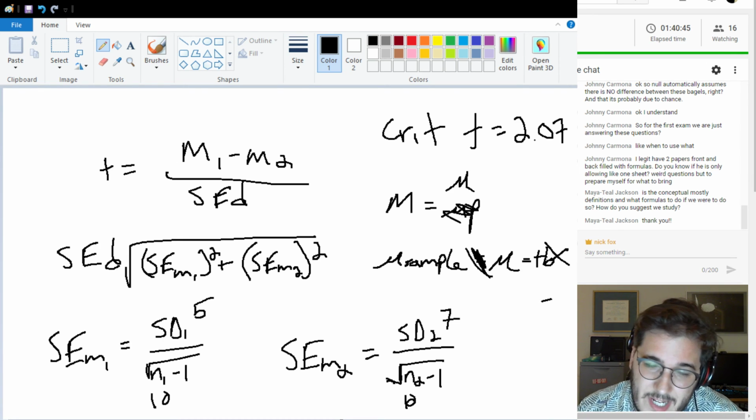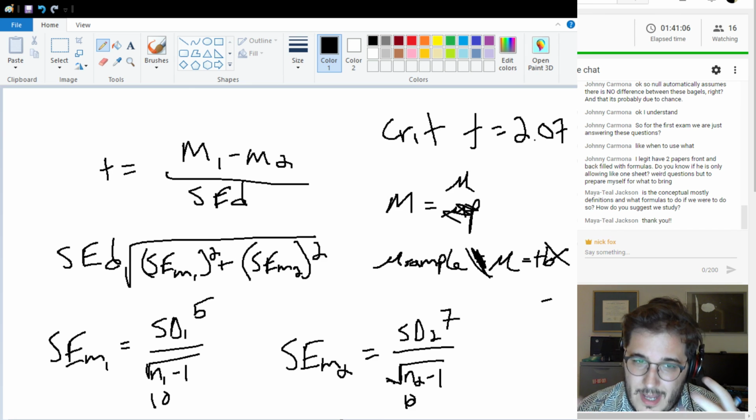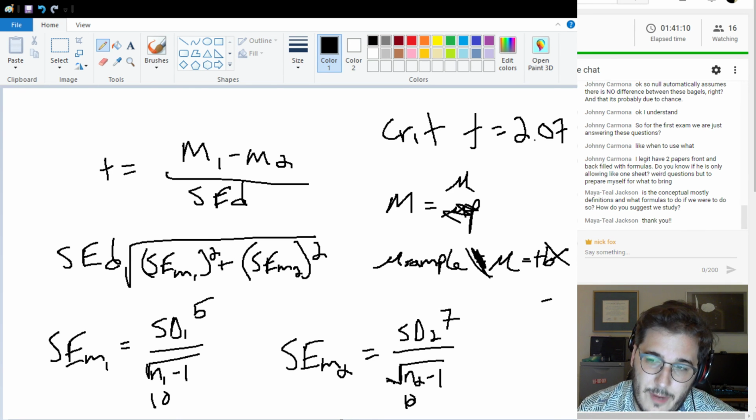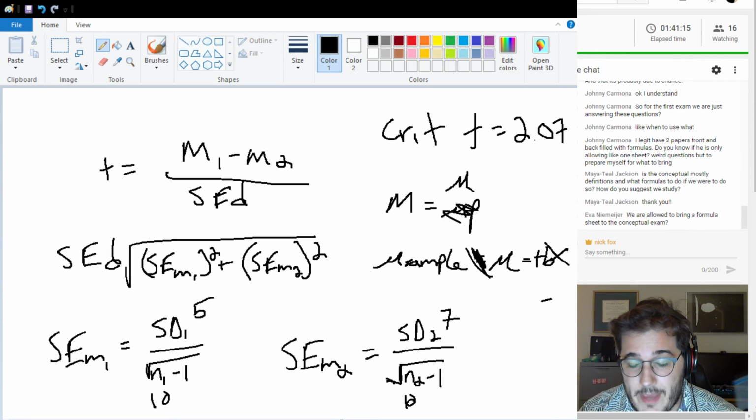But I think if you just get in there and think about the mechanics of all these equations and what it is you're trying to do, you're trying to parse out the difference between two groups in an environment that has normal variation. Enveloping yourself in those ideas is really the best way to prepare for the conceptual. If you take the quiz, that will probably help you.